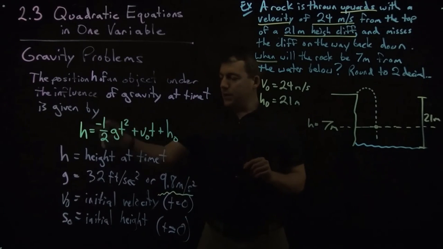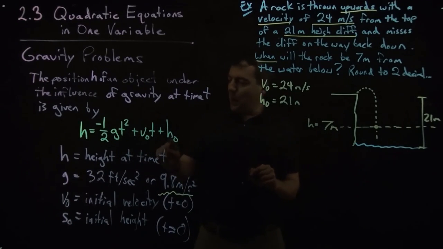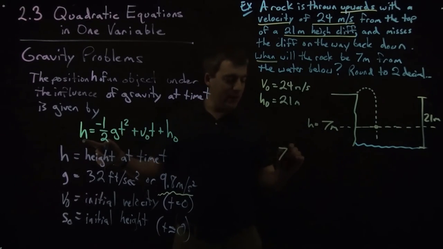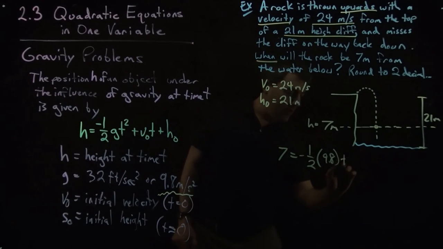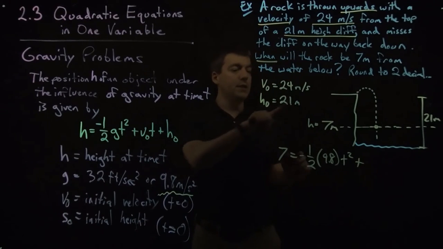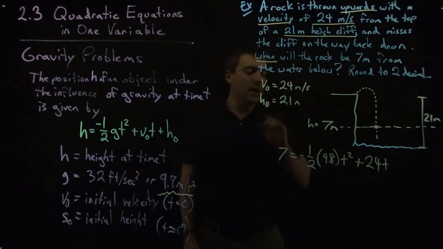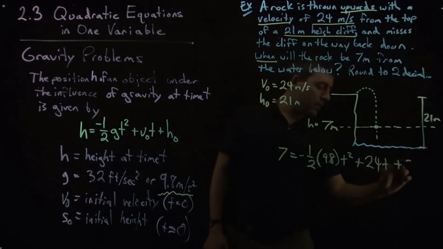All right. So let's go ahead and set up this equation. We don't know what the time is, so we'll leave that as t. We have all the other pieces of information, though. We want to know when it hits 7 meters. We have -1/2. We want to choose the correct G, 9.8. T squared. And we have plus V naught, which is 24. So 24t, and then plus H naught, which is 21.